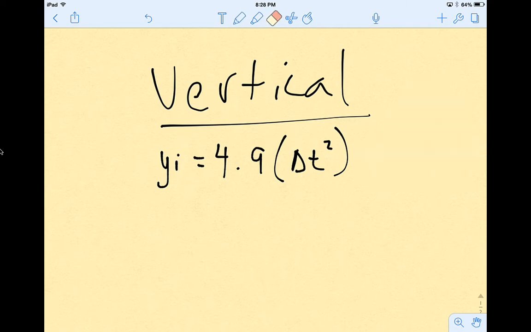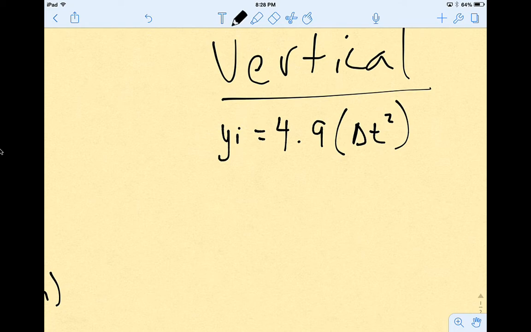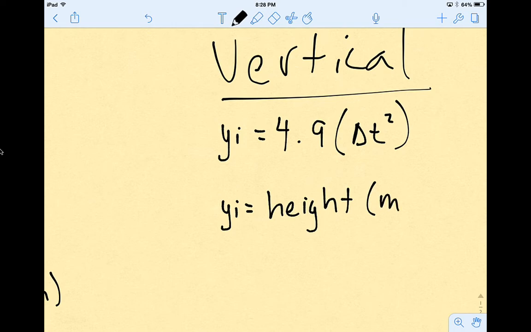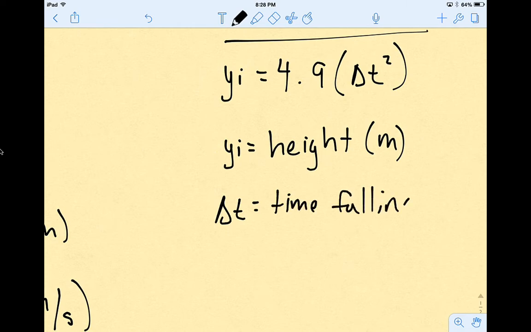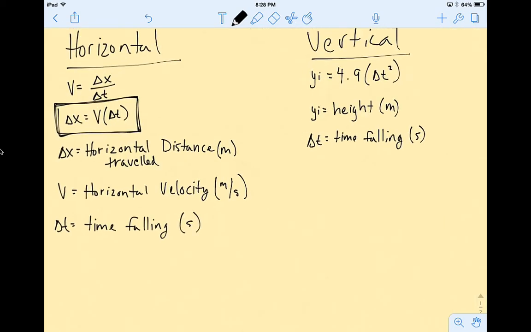We're leaving that off so it's simpler. Now this one's even simpler than the horizontal because there's only 2 variables. So yi is height, that's always measured in meters. And delta t is time falling, and that's always in seconds.